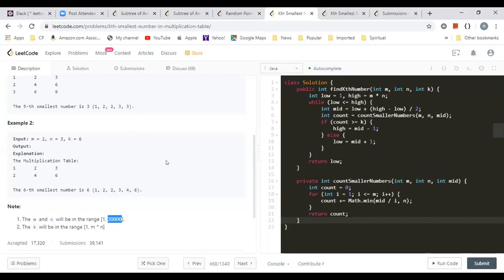Yes, actually that is true. As the number grows, it goes towards the right. So this is called a monotonic function. As you're growing it, it is going towards one end.